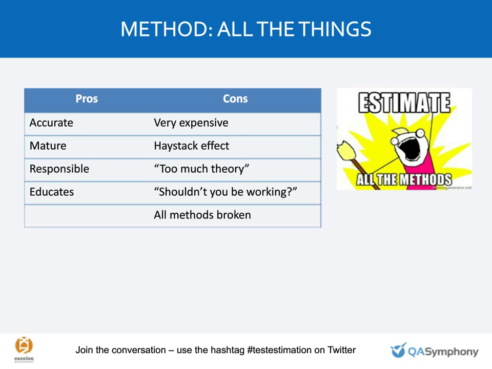So if we use a couple of different methods here, we'll get a couple of different numbers. That can give us a range for our estimates, and we can defend it. The problem with it is it's going to take a long time. People might not be willing to wait. We're spending a lot of time estimating and not much time testing. I really want to be sensitive to that.